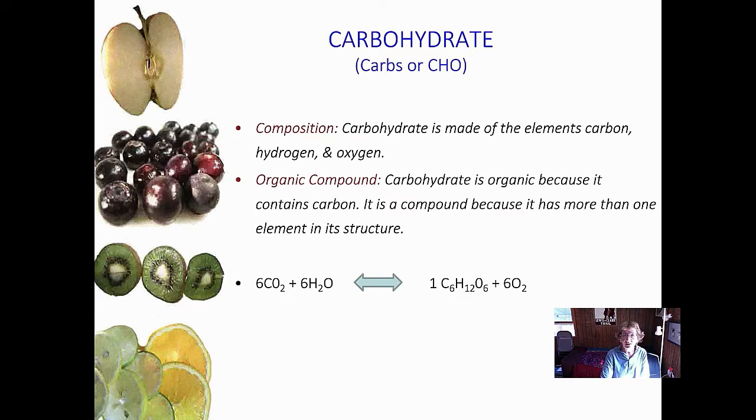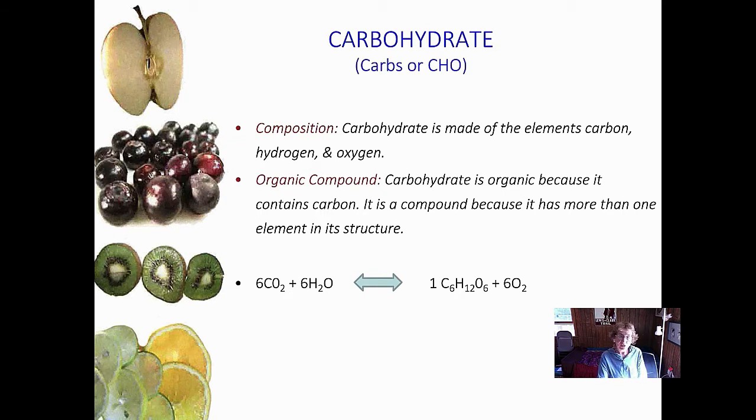Carbohydrates, or carbs, are made up of carbon, hydrogen, and oxygen. And henceforth, if you see me writing them in any of these presentations, carbohydrates will be CHO. And that carbon is what makes them organic from a science perspective. It's a compound because it has more than one element in its structure.